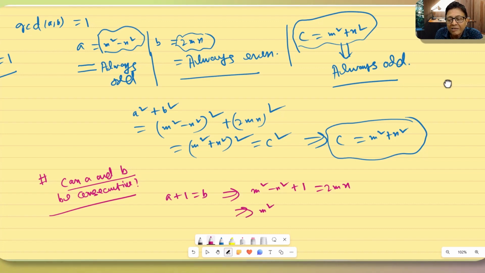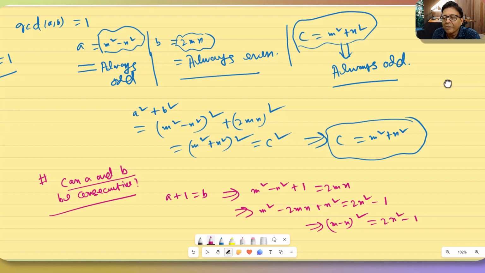This implies m square minus 2mn plus n square equal to 2n square minus 1. This implies m minus n whole square equals 2n square minus 1. Or you can write m minus n whole square plus 1 equal to 2n square.